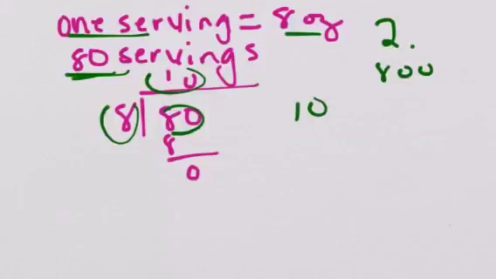So you're dividing what 1 serving is into how many you need to find out how many ounces or cups or whatever your measurement is that you're going to need.